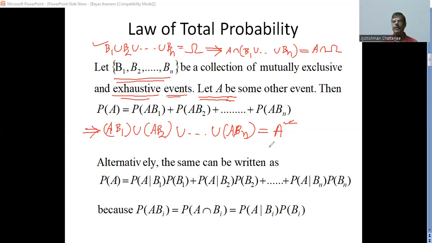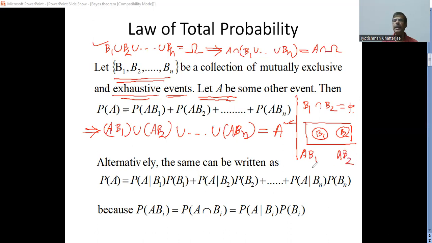Now let's observe something here. B1 and B2, they don't intersect, right? So this is the null set. The diagram is like this. Here is B1, here is B2. So what should happen about A intersection B1 and A intersection B2? Should they intersect?